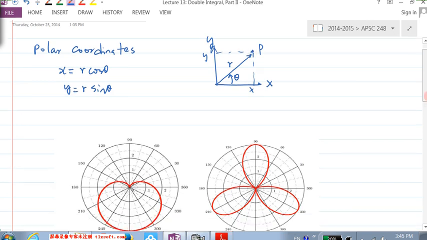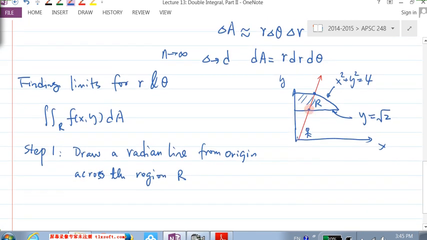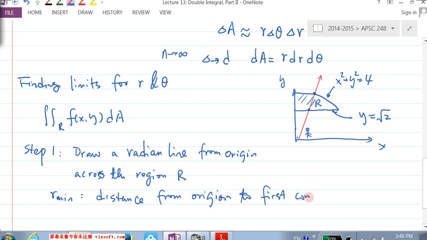So in this case, the distance from the origin to the first contact is r min, the minimum limit for r. So this portion is r min.